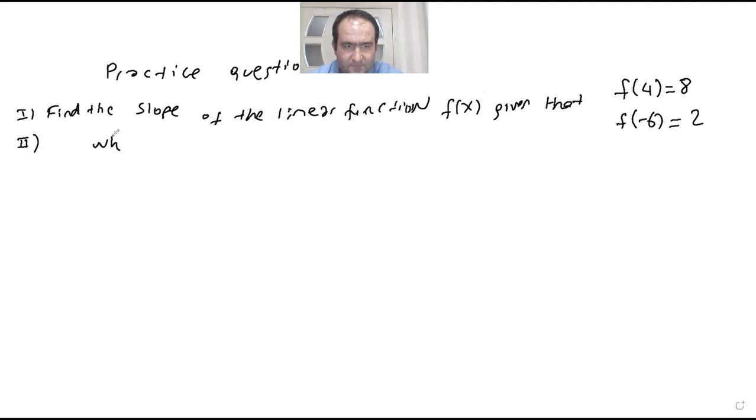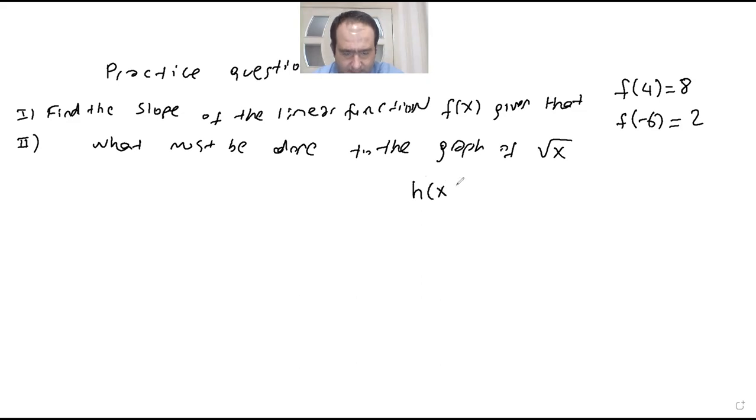what must be done to the graph of square root of x to move it on top of the graph of h(x) equals square root of x plus 3 minus 7.